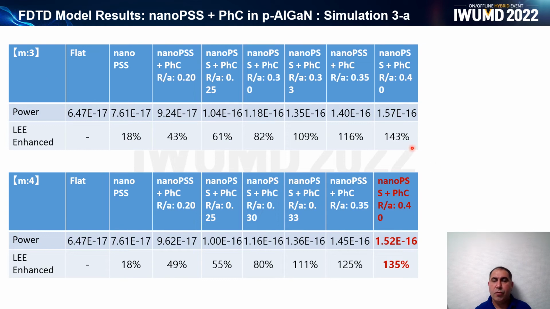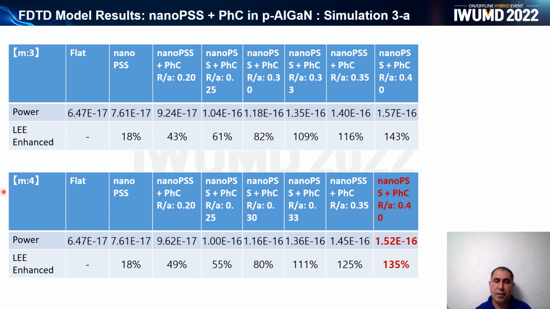First M3, we got 143% light enhancement in the UVB LED by using nanoPSS plus PHC, where the R/A value was 0.40. So this value was pretty good. And for M4, we got 135% LE enhancement using the same condition.